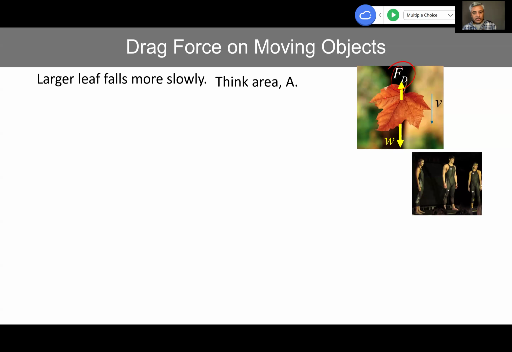And how much drag force acts depends on how big the area is, which we call the cross-section area in this case. For example, when my hand is falling like this, only this much area is exposed to the blow of air in the upward direction. But when my hand is like this, then this whole area is exposed to the upward draft of the air.